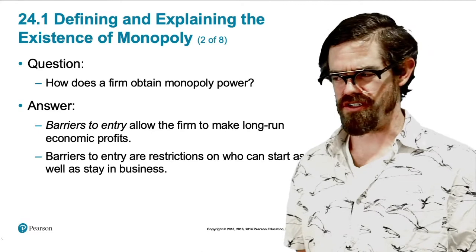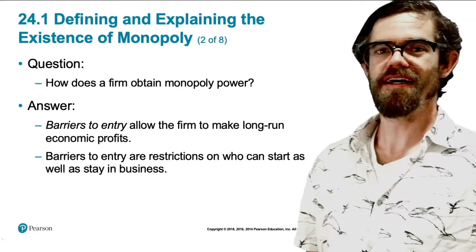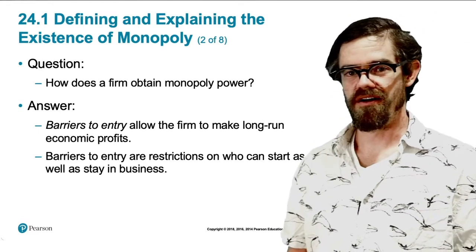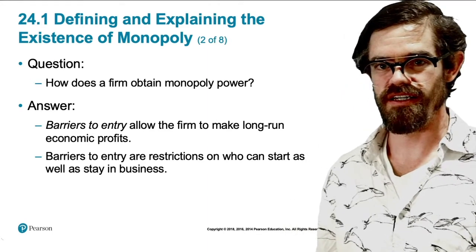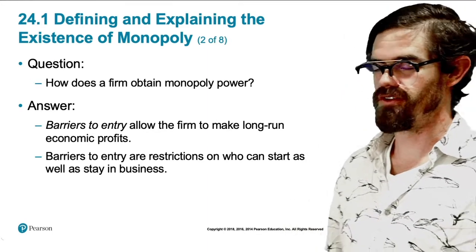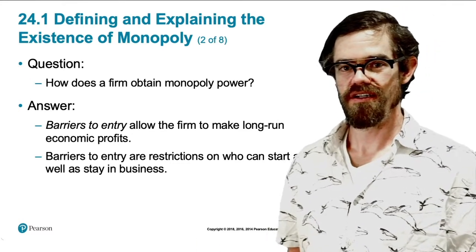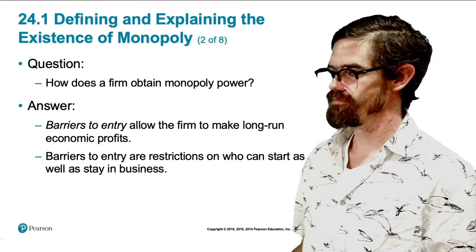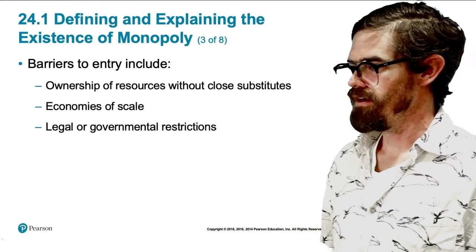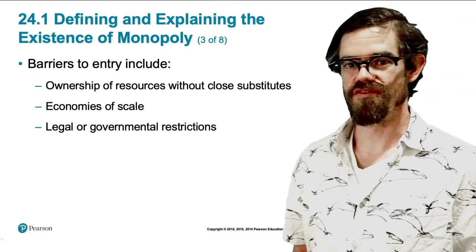So what are these barriers to entry? Well, these are just any kind of restriction on a firm being able to start a business in that industry. Licenses, which we just saw in the introduction, are a type of barrier to entry. There are several different types of barriers to entry.